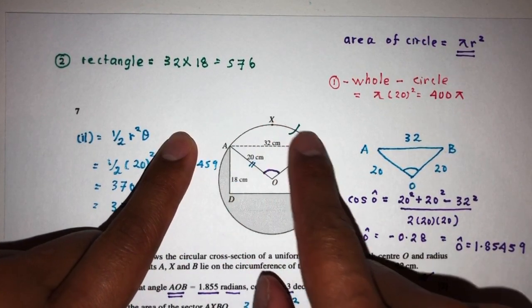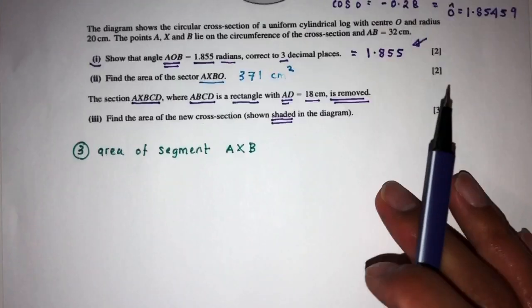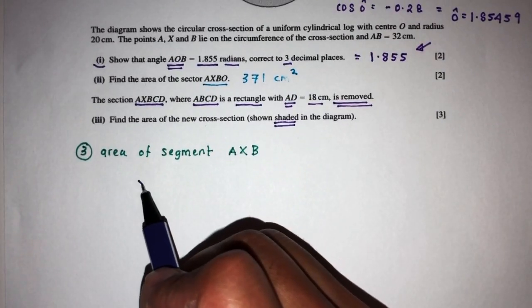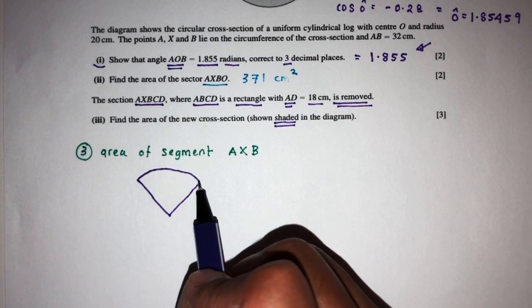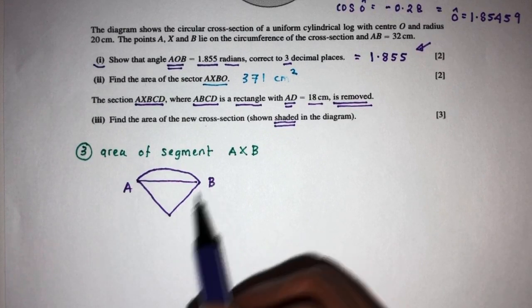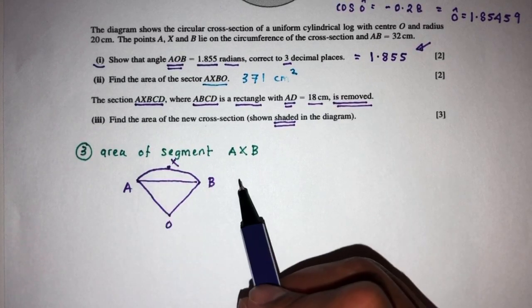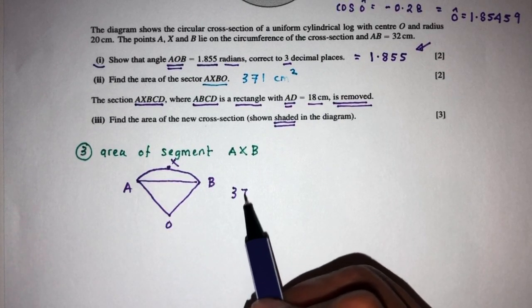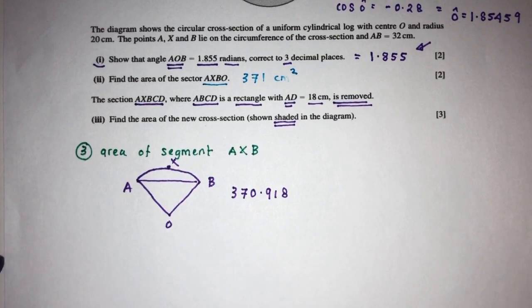We just want this one to be removed now. By observation, we know the area of this shape from part 2 of the question. This is A, B, O, this is X. So we know this whole thing is equal to 370.918.